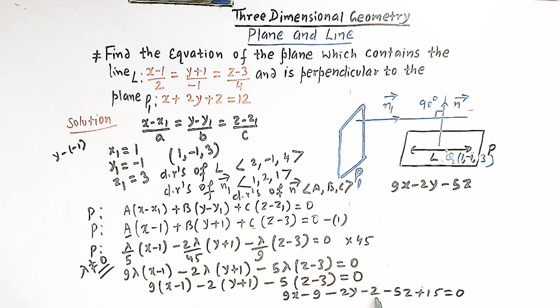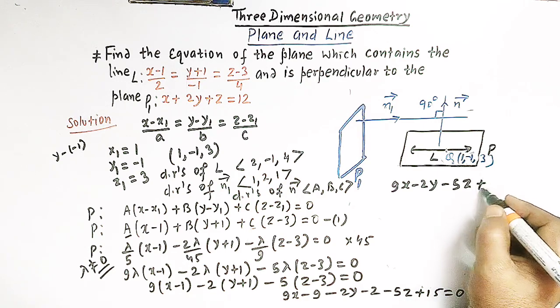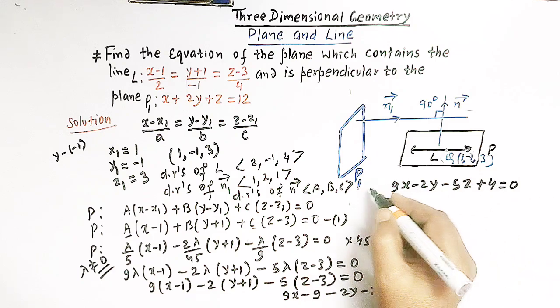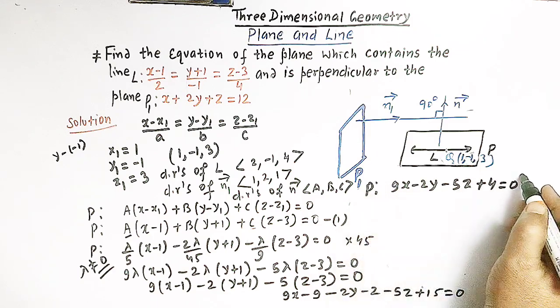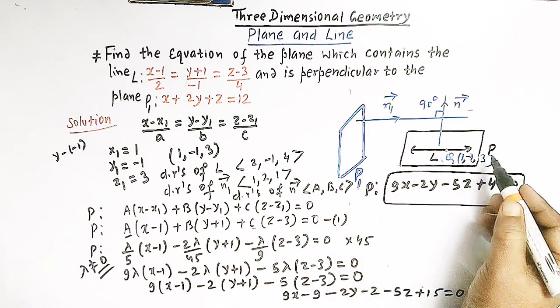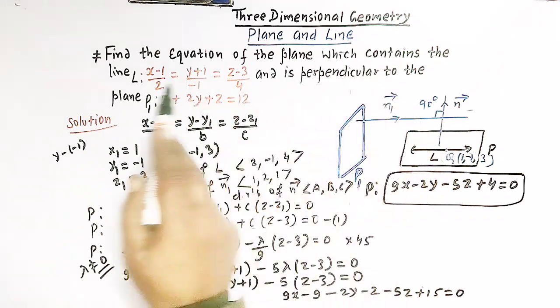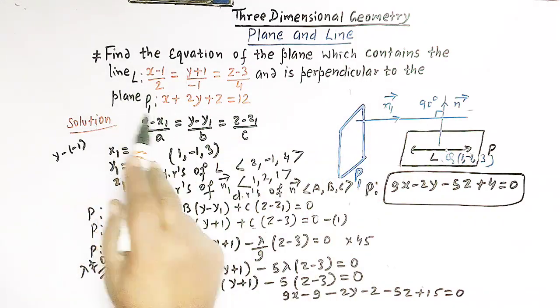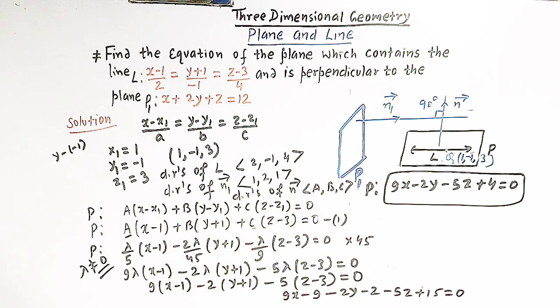So minus 9 and minus 2 is minus 11, and minus 11 plus 15 is plus 4, right? So this is the required equation of the plane P, which contains this line L, and it is perpendicular to the plane P1.